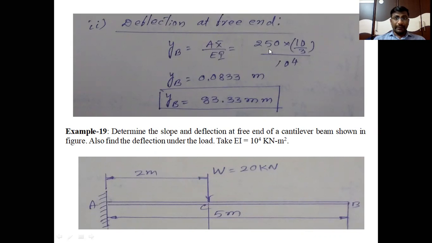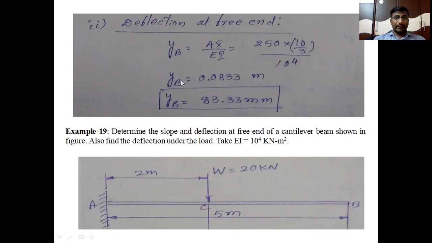Area is 250, and x bar is 10 by 3 meters, divided by EI, 10 to the power of 4. Simply we will get Yb equal to 0.0833 meters.